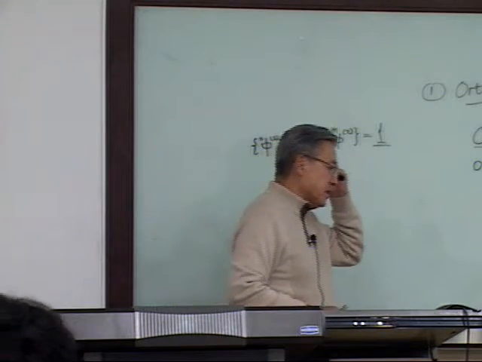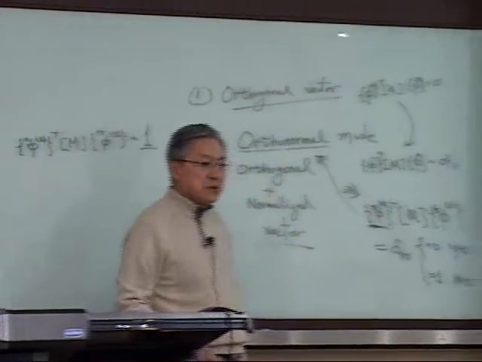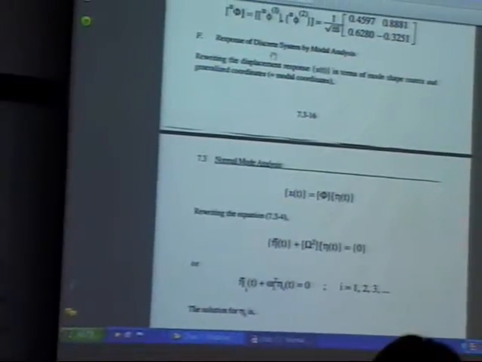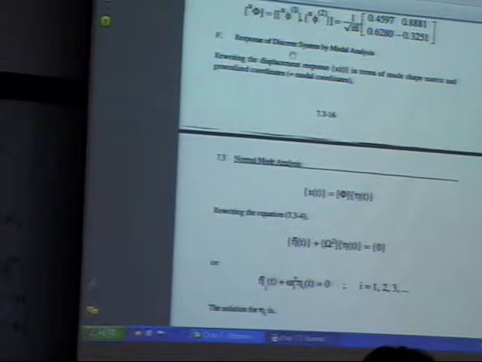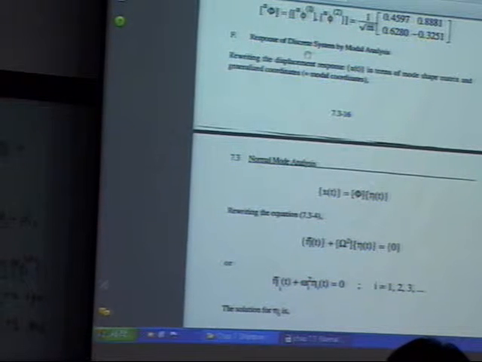Okay, next one is the response of a discrete system by modal analysis. But usually for DDAM, the dynamic design analysis method, all you have to know is the natural frequencies and the modal shapes. That's what you need, and the mass matrix, which is really diagonal.